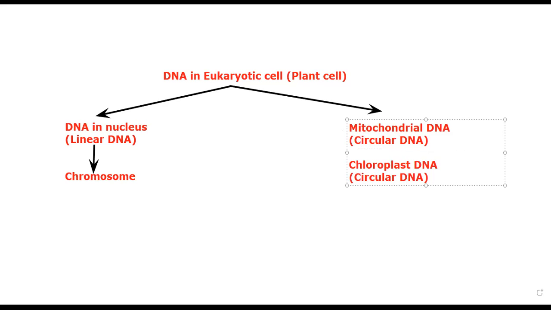They are not chromosomes. So we don't say mitochondrial chromosome, and we don't say chloroplast chromosome. They are just called DNA. Understood? Yes, sir. So, would you please take it down?